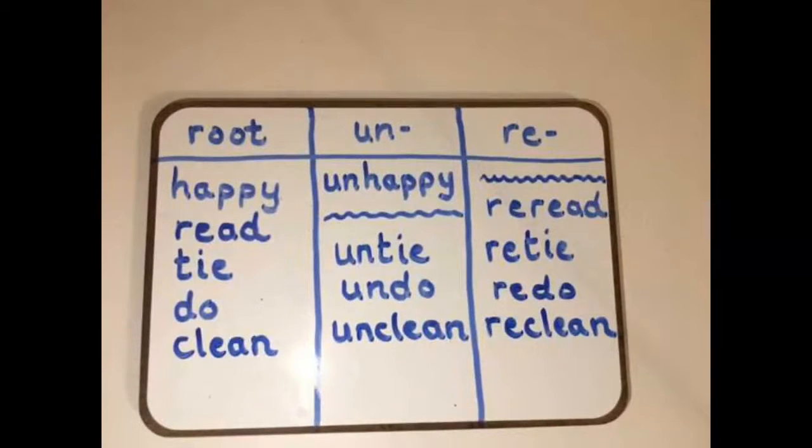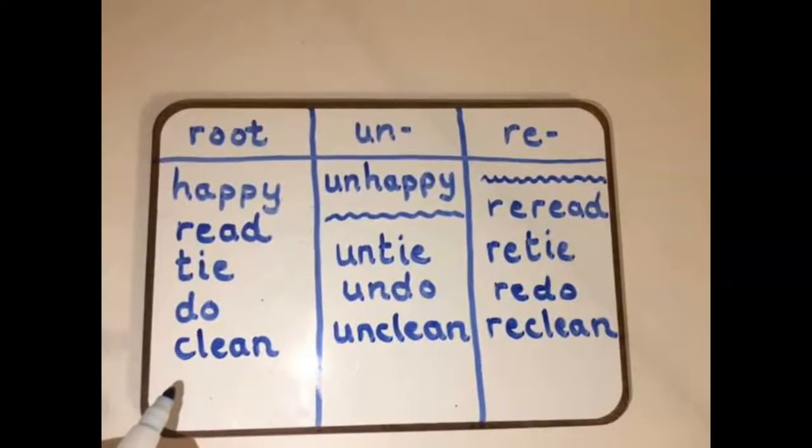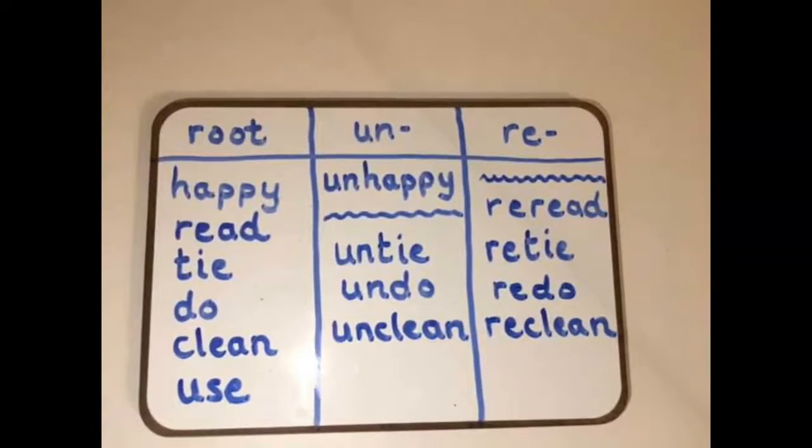Right? Okay, I'll give you another one. This is our last one, okay? Let's do the word use. Okay, here's the word use. So decide which ones go with use and write them down. You can pause now.